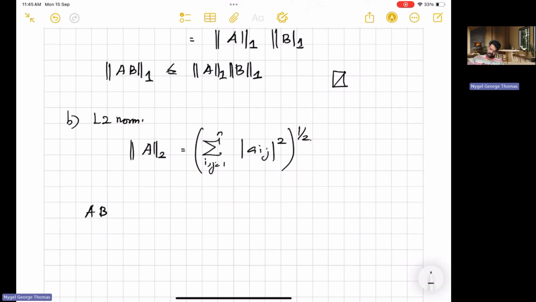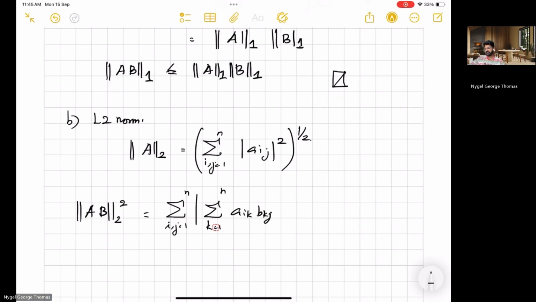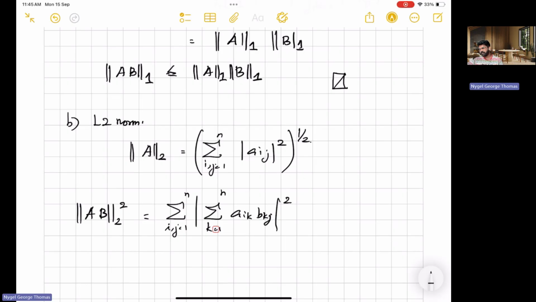Let's look at this. The squared norm of AB is the sum over i, j equal to 1 to n, and how do we write the product? The sum over k equal to 1 to n of a_ik b_kj, the dot product between these two terms, squared.